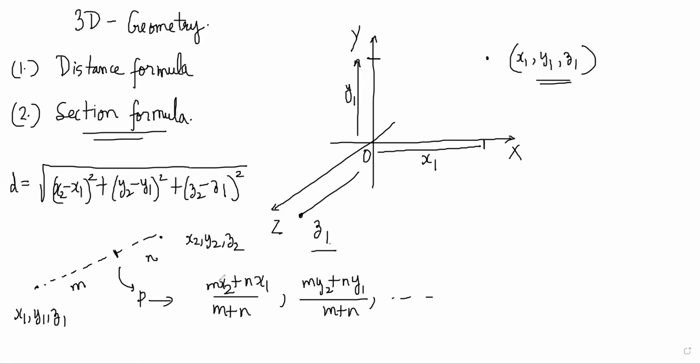Right? Yes, sir. So your basic stuff that was valid in 2D geometry is the same here in 3D geometry also. Now, the new ideas that will be described here are direction cosines and direction ratios.